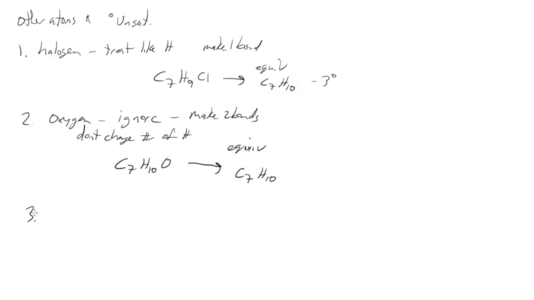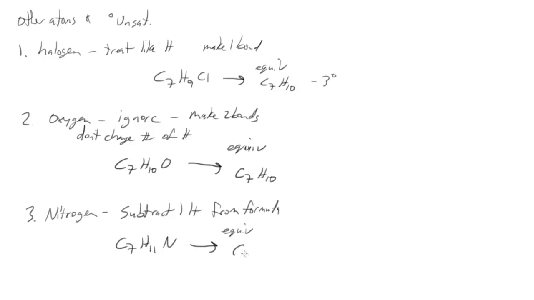And the third common thing that we would have in molecules is nitrogen. And if we have a nitrogen, we actually have to subtract 1 hydrogen from the formula. And that's because of the way that nitrogen makes 3 bonds. So if I have C7H11N, the equivalent is, once again, C7H10. Subtract 1 hydrogen as we take off the nitrogen.